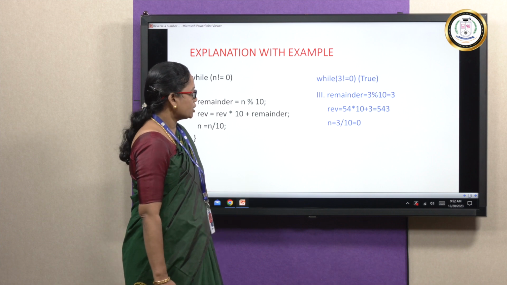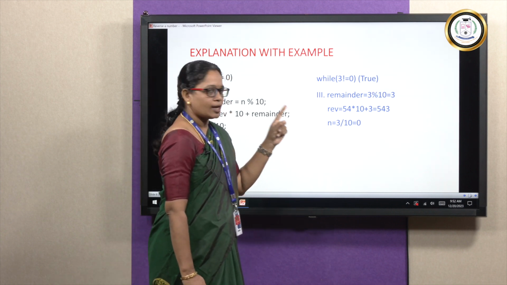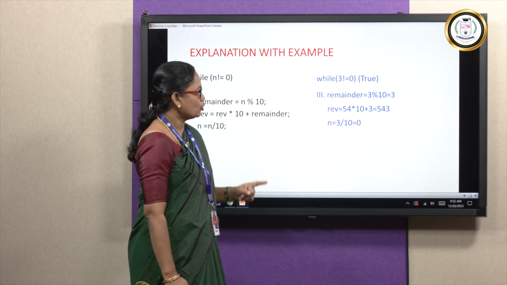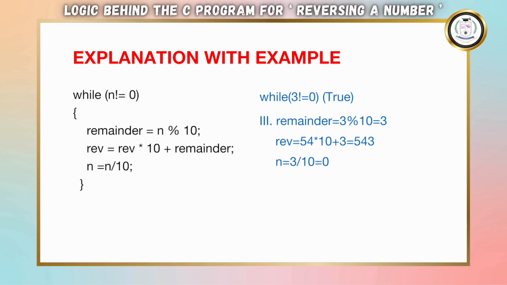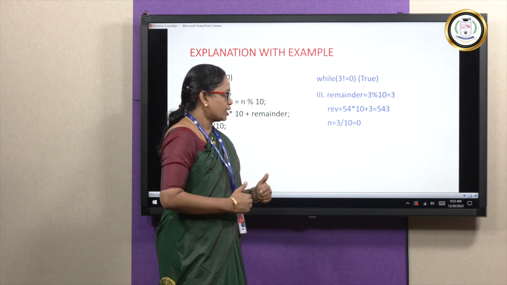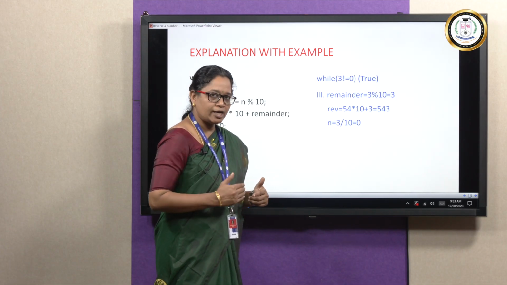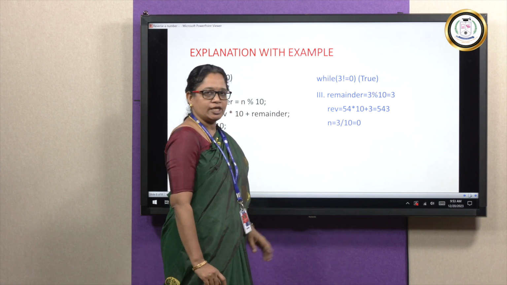Remainder is calculated. Remainder equal to updated value of n modulo division by 10, which is equivalent to 3. Then reverse is calculated. Reverse equal to updated value of reverse, that is 54, multiplied by 10 which is 540, and then it is added with 3 which gives the result 543.